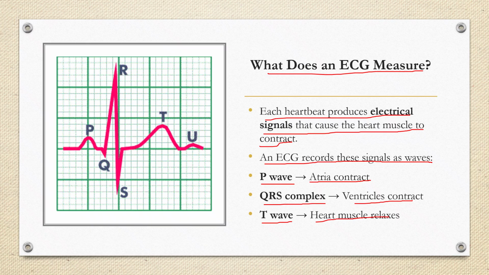So look, students, this is our point P, and this shows atria contract. Then this is the complex Q, R and S. The QRS complex shows how ventricles contract, and this one, the T wave, shows heart muscles relax. So in simple words, ECG is a medical test to check whether the activity of the heart works properly or not.